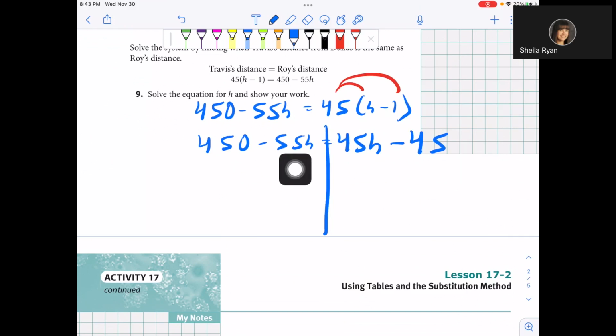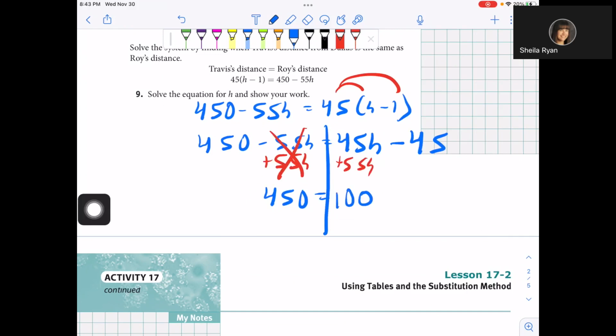Then we have some variables on the left and variables on the right, so I'm going to go ahead and do a plus 55h and plus 55h, leaving me with 450. 45 plus 55 would be 100h, minus 45. And then we have our variable here, so we're going to start to move everything away from it. We would do a plus 45 and plus 45.